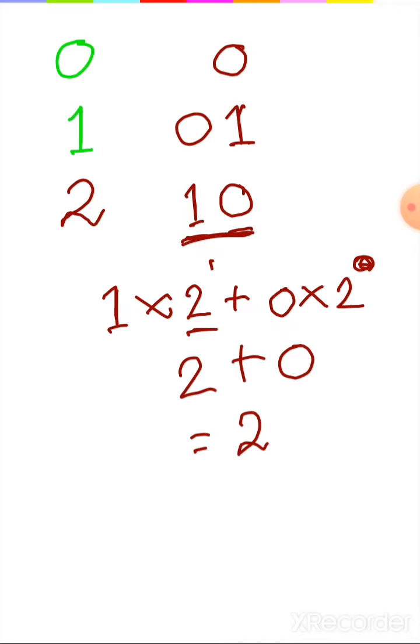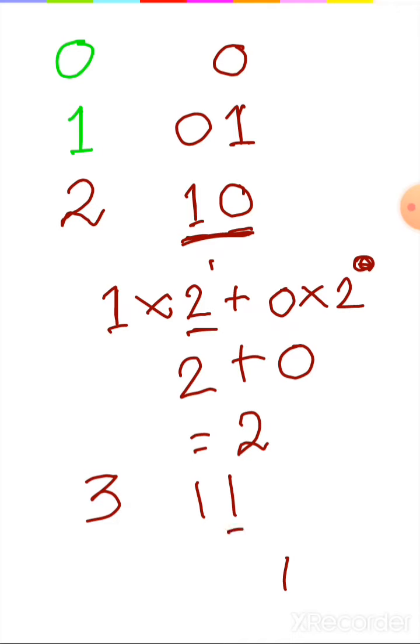Similarly, 3 is written as 11. So let us see how it has become 11.